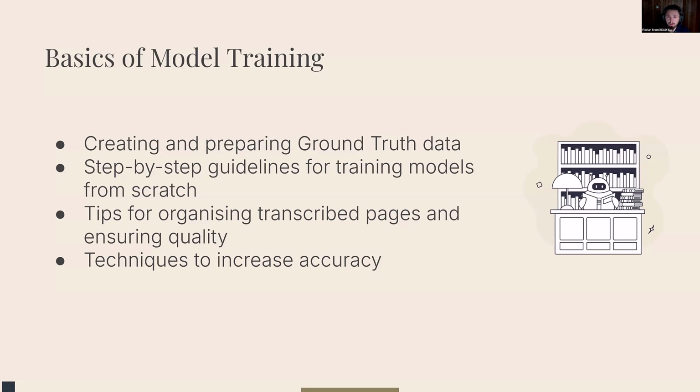Baselines, to have a little excursus, are basically just a means to provide an easier way of generating polygons. Because you can imagine if you would need to draw around every single line to just say, here's the text, that will take you ages. So technically, the baseline, when you draw that line below the text, is nothing else than an easier way of saying, here's the text, and then from the baseline, another AI that we have in our system will generate a polygon.